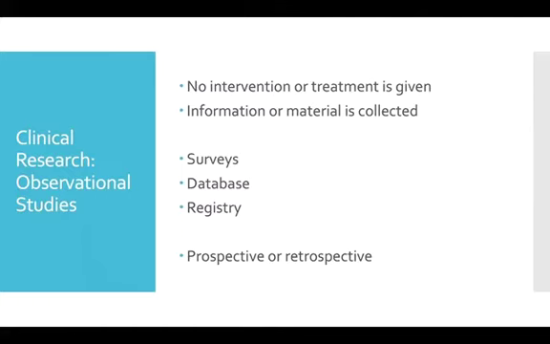This type of research can also be conducted prospectively, meaning looking forward, or retrospectively, implying looking backwards. And in some of these cases, the research does not necessarily even directly involve the patient at all. So for example, in a retrospective type of study, an investigator could review medical records that have already been obtained in order to collect information.